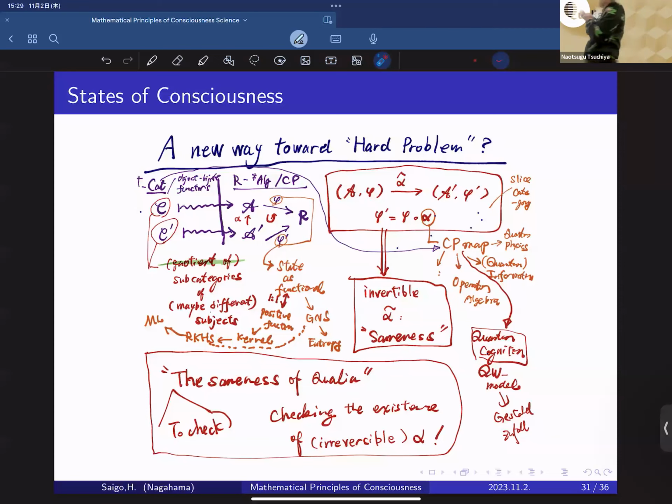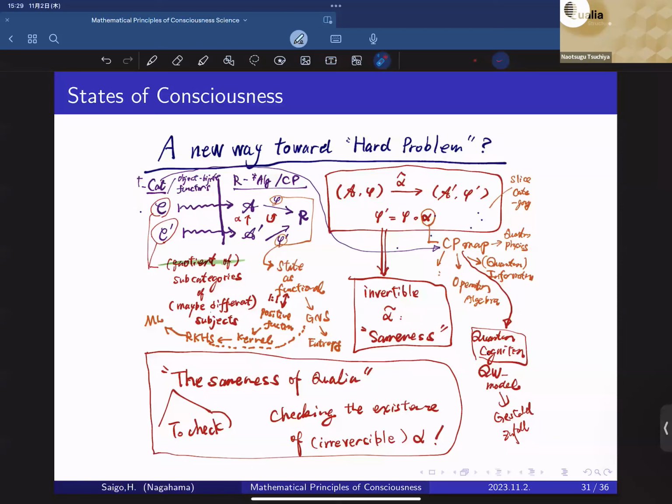So yeah. Then, invertible or non-invertible, the state as a function is, as I said, a positive functional, and this appears in machine learning. There is a notion of kernel, a positive definite function.